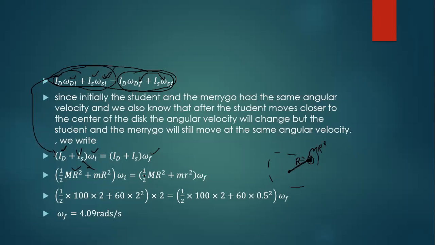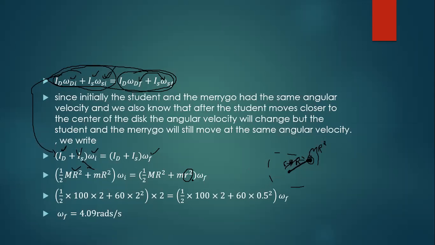The moment of inertia of the disk is 1/2 mr squared, but the radius of the student changed. How did the radius of the student change? Because the student moved closer to the center. She moved closer and came to this point. So her radius now changed.